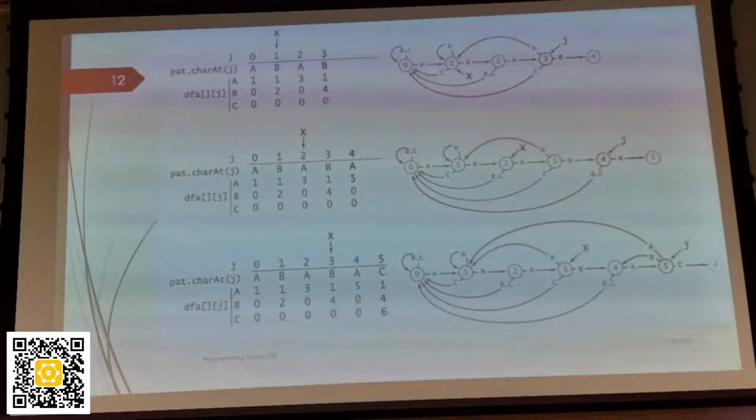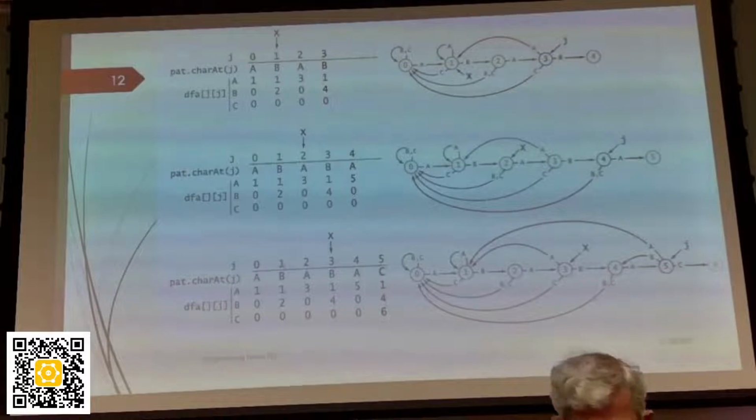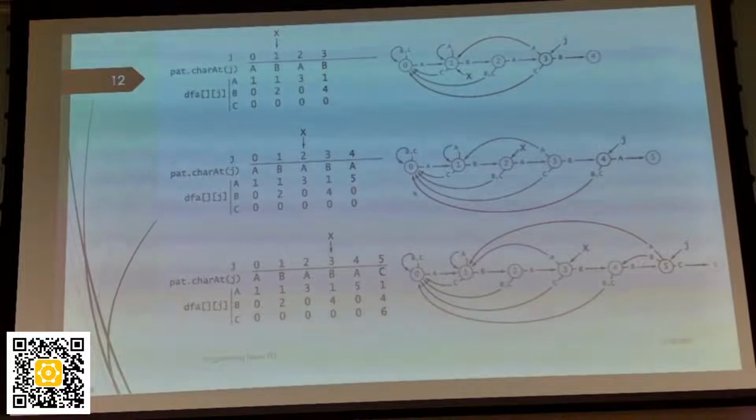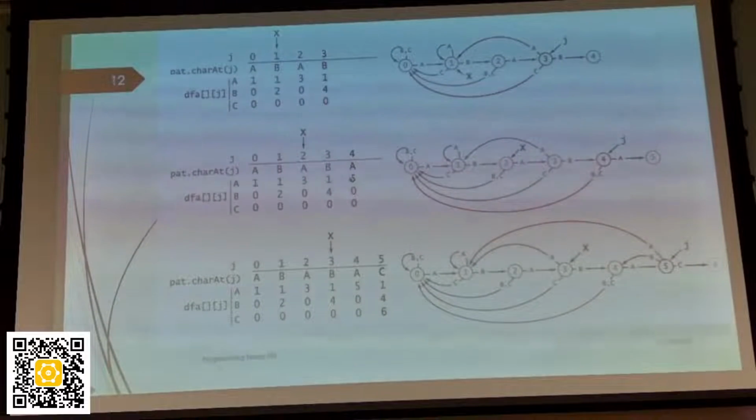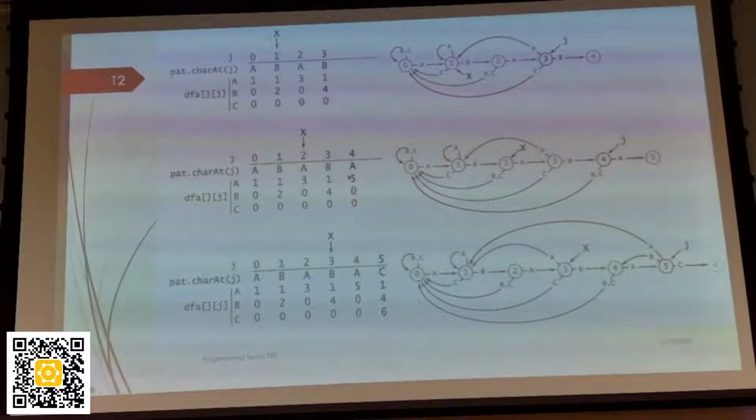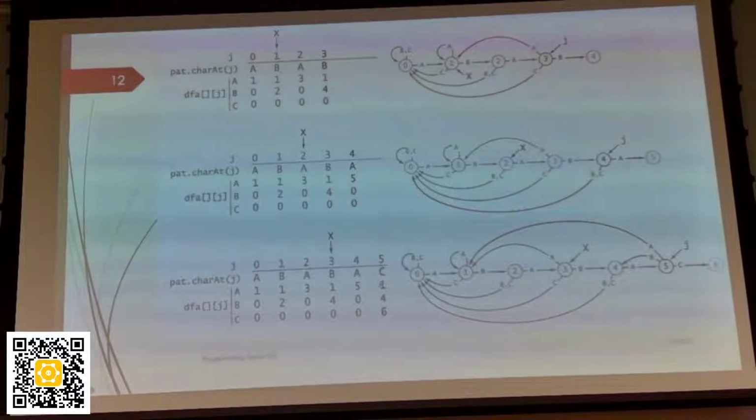Okay. Then over here, again, this A matches this A, so this just copies this over, and the only thing that needs to change is the first row, because it'll go from 4 to 5 over here. Is that clear? So let's see what happens here.